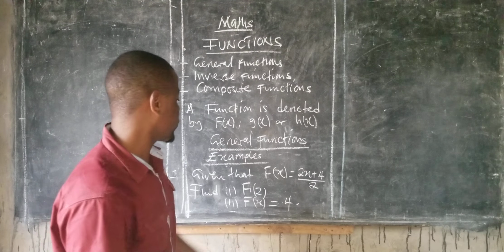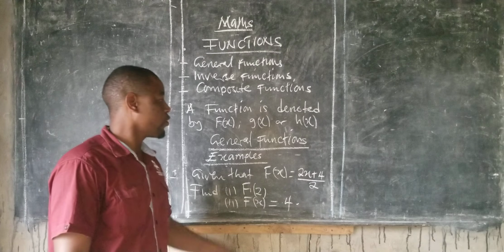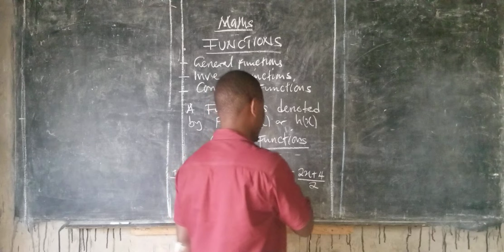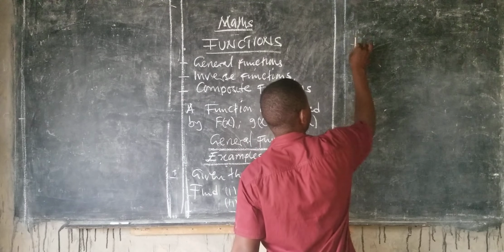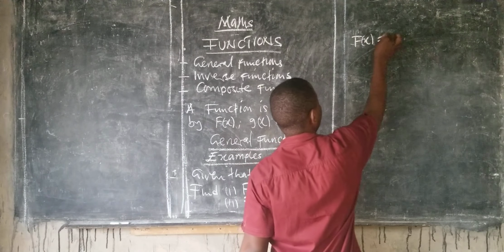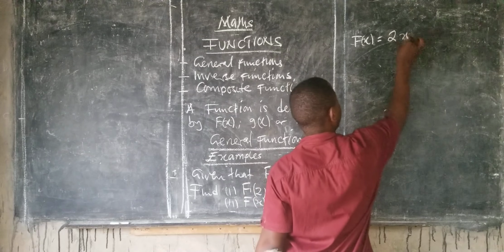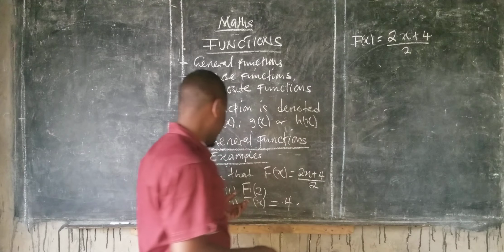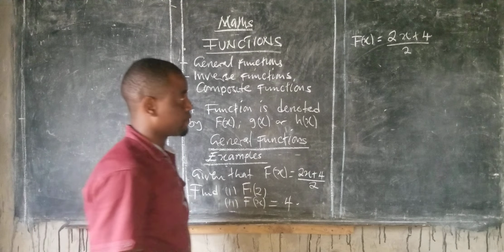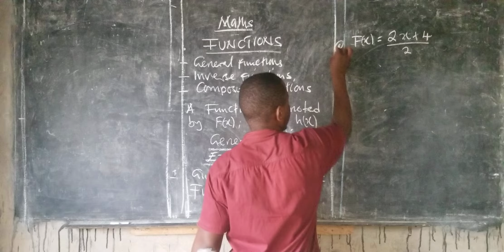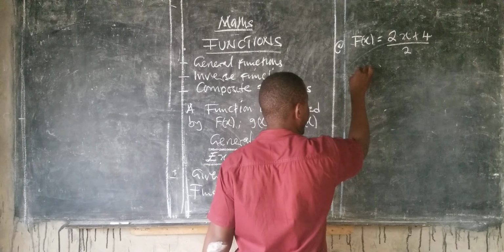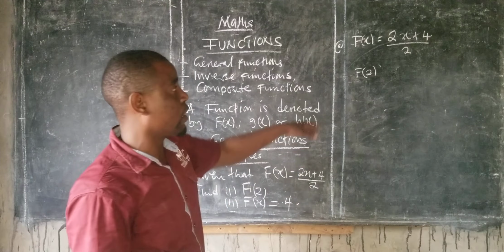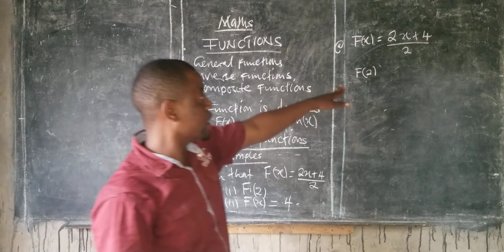How would you solve f(2)? Use the function given: f of x equal to (2x plus 4) over 2. The question says calculate f(2).